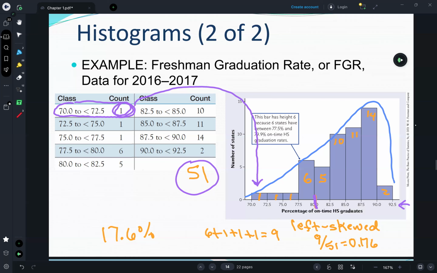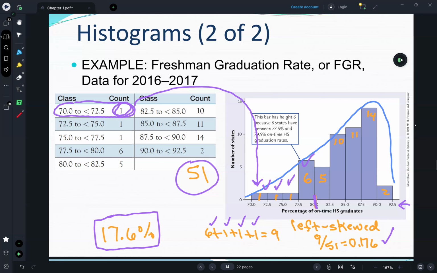Well, we just take 6, 1, 1, 1, so that's this bin, this bin, this bin, this bin, and we add them up and we get 9. If the total is 51, we just go 9 divided by 51, plug that into our pocket calculator, and we get 0.176. We can convert that to a percentage, and we get 17.6%. That is useful because you can say, well, 17.6% of the states have a percentage of 80% or less.